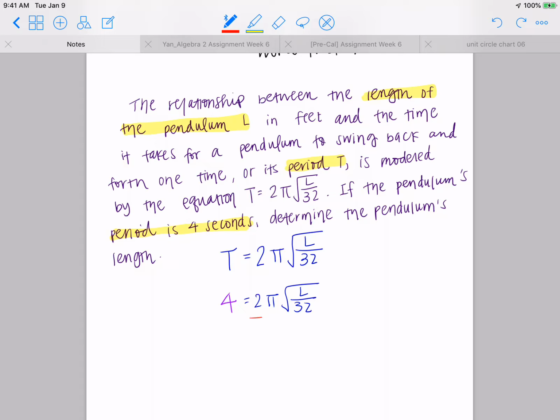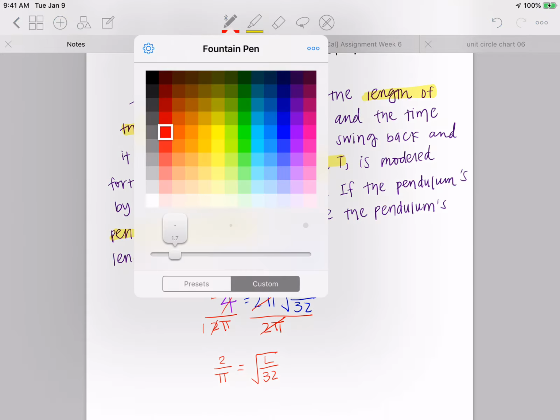So let's start off by dividing both sides by 2 pi. The 2 pi cancels out, and now 4 over 2 pi, these cancel out. I have 2 over pi equals the square root of L over 32.